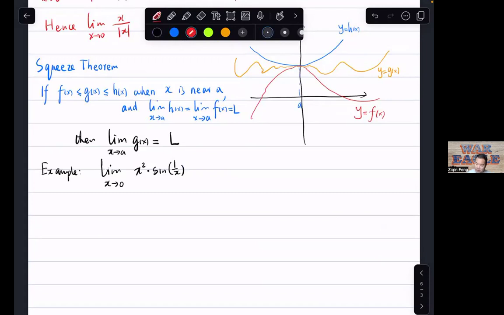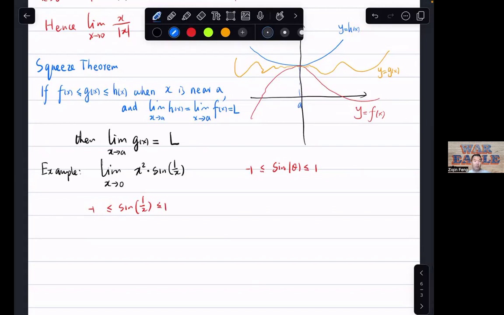We know that by the trig functions, sine of theta has a very natural upper bound, which is 1, and a very natural lower bound, which is -1. So we get a very good upper bound and lower bound for our second factor, from -1 to 1. And we also know that x squared is positive.